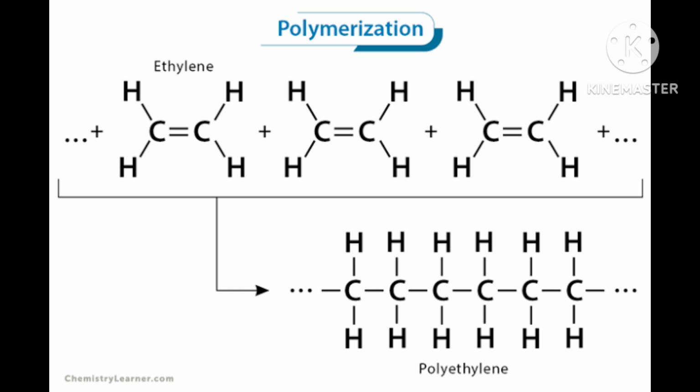Suppose you have taken ethane, CH3, and suppose many molecules are there. Now what happened with one molecule? One radical was remaining. Then again, the radical from the catalyst joined with one part of the new molecule, correct?